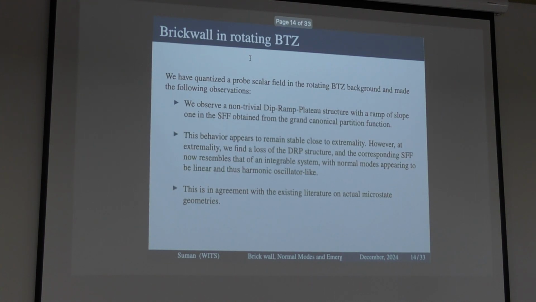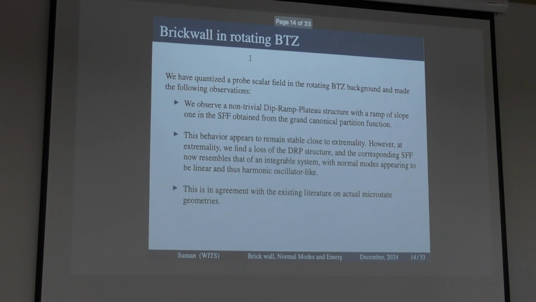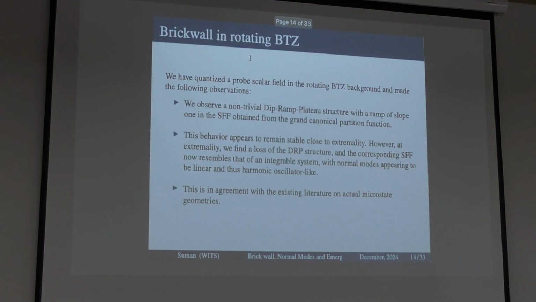So S1 is necessary. One compact direction is necessary to get this dip-ramp-plateau structure, and along this compact direction this is happening. Now you can do the same analysis for rotating BTZ also.